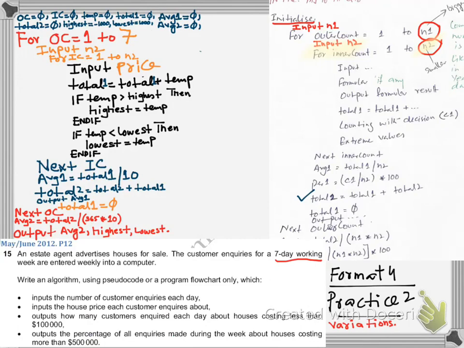How many customers inquired each day about houses costing less than 100,000. So instead of totaling, now we have totaling with decision. So instead of this count, what we would do, we will do it with decision now.